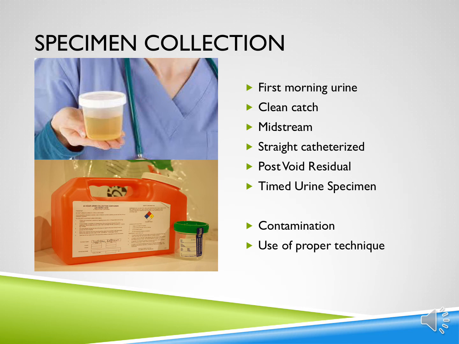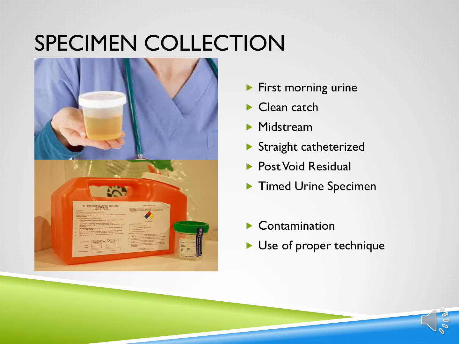The clean catch urine is where you teach the client to use a little cleaning pad that comes in the pack to clean off the meatus on a male. They just clean around the meatus of the penis in circular motions as they move down the meatus, and then void into the container.